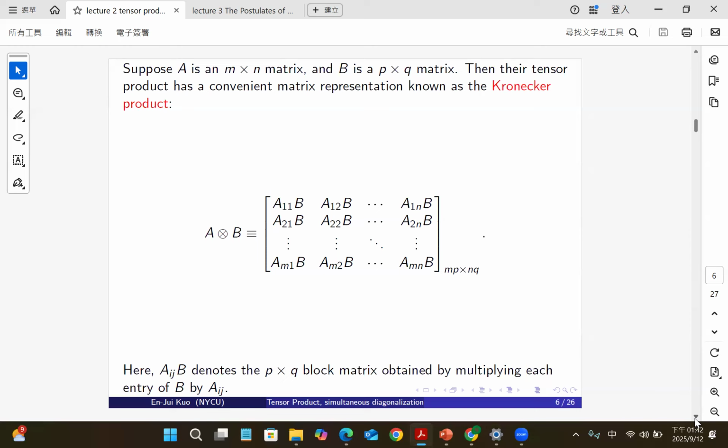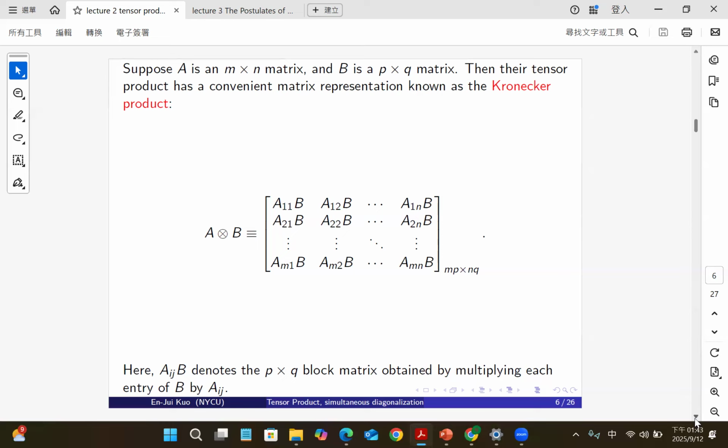Actually you can prove it, but the proof is somewhat complicated, though the logic is simple.